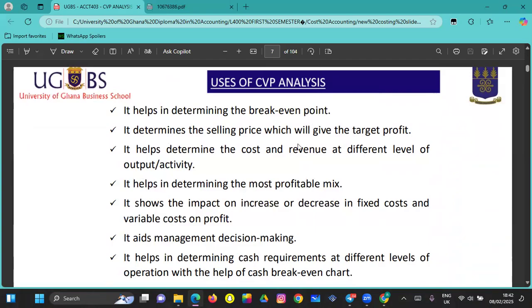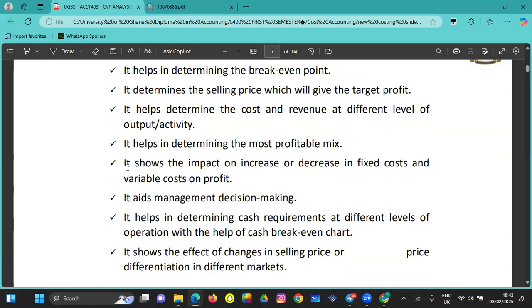What are some of the uses of cost volume profit analysis? Basically, it helps us in determining break-even points, which we will talk about very soon. It helps us determine the selling price that will give a target profit. It helps to determine the cost and revenue at different levels of output. It helps in determining the most profitable mix in the case of product mix. It shows the impact of an increase or decrease in fixed cost and variable cost on profit.